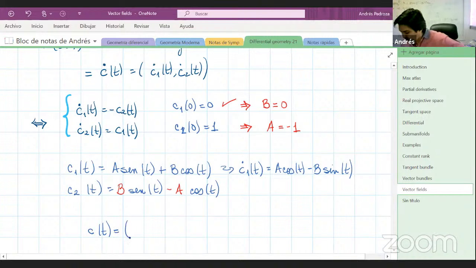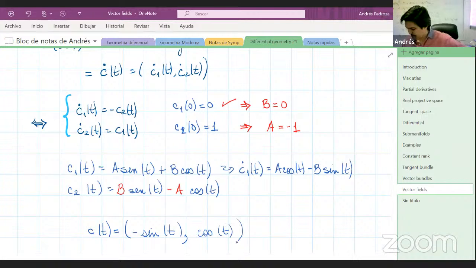So C1 equals minus sine, and C2 cosine. Okay?